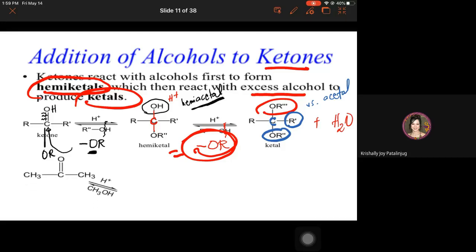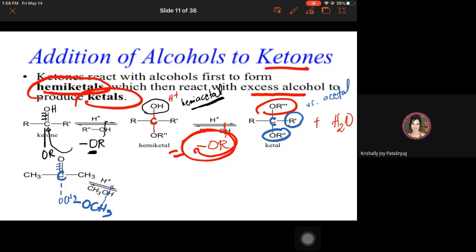Okay? Sige, specific example ta for addition of alcohols to ketone. So this is propanone. It is being added with methanol ulit. So ang ma-add nga nucleophile is methoxy, OCH3. It will be added in this carbonyl carbon via simultaneously breaking the pi bond. So ma-add na ang OCH3.